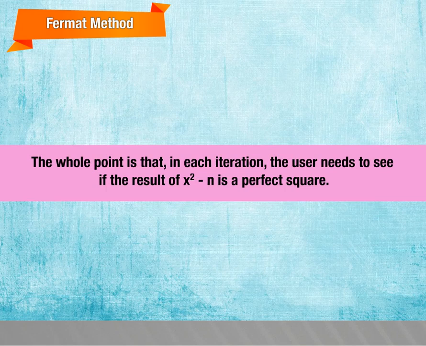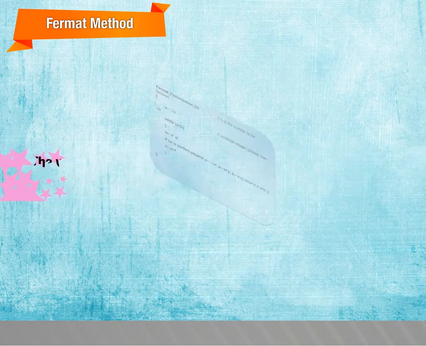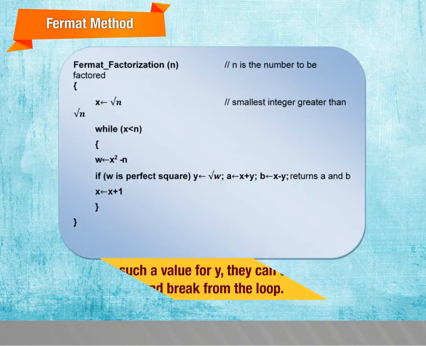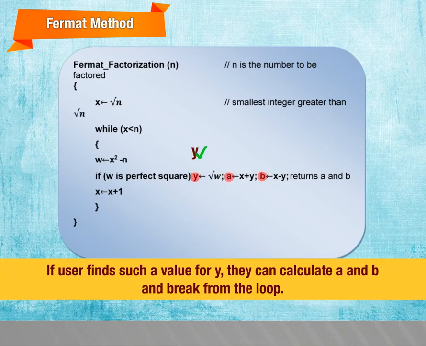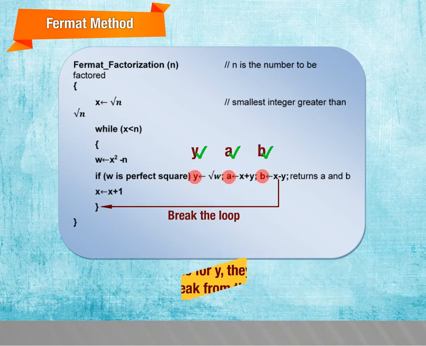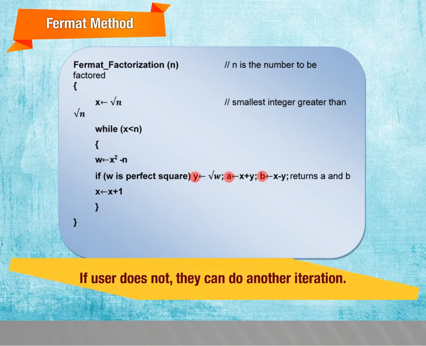The whole point is that in each iteration we need to see if the result of x square minus n is a perfect square. If we find such a value for y, we calculate a and b and break from the loop. If not, we do another iteration.